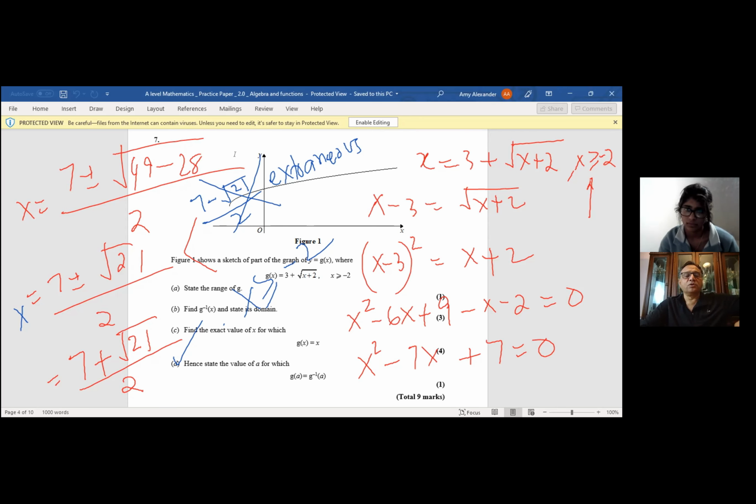If you plug in x equals 7 minus square root 21 in the equation, do you get this correct answer? Into which equation? In this equation. Let me, so we're doing 7 plus. 7 plus will work, right? You want to do 7 minus?